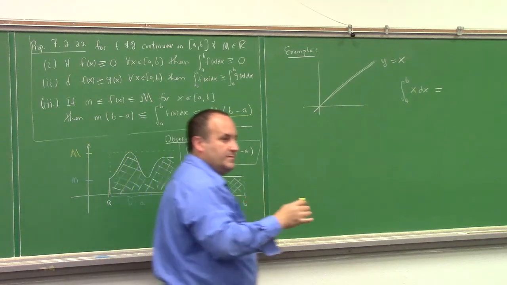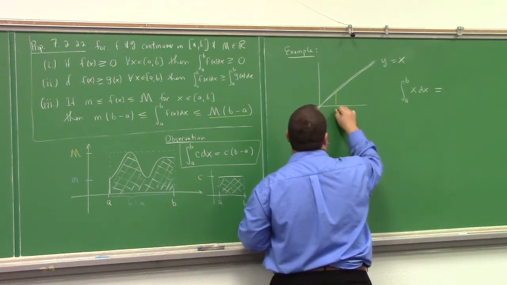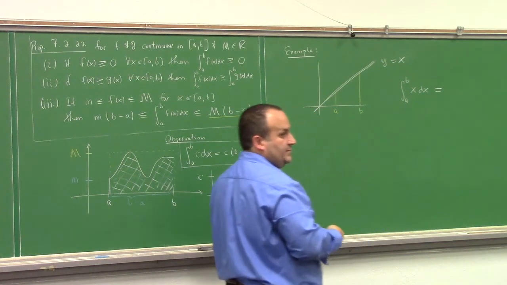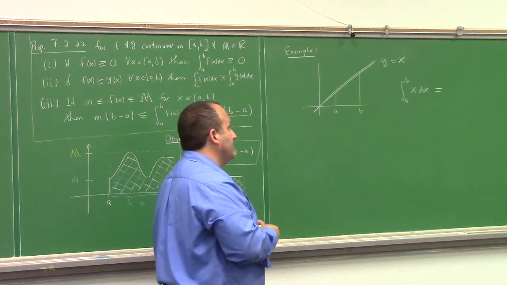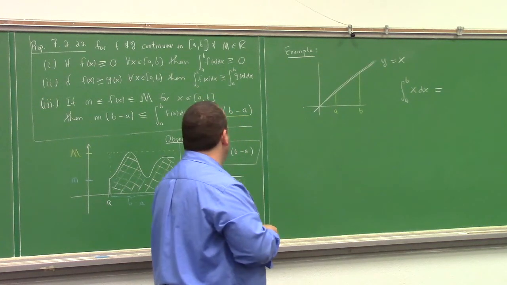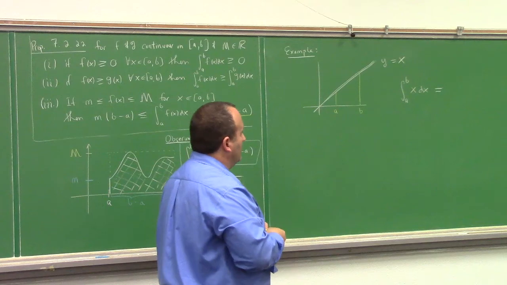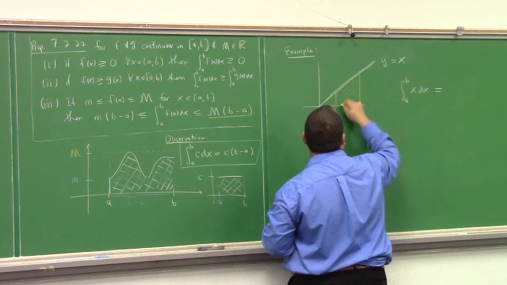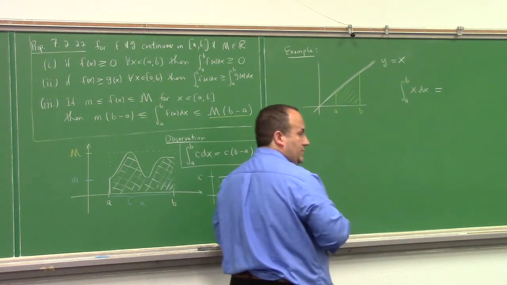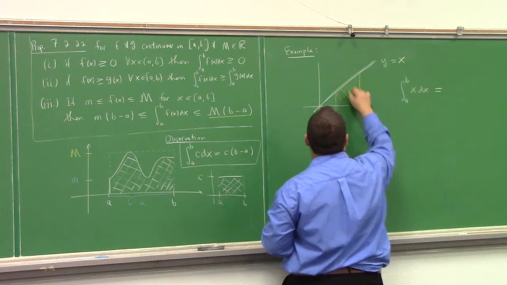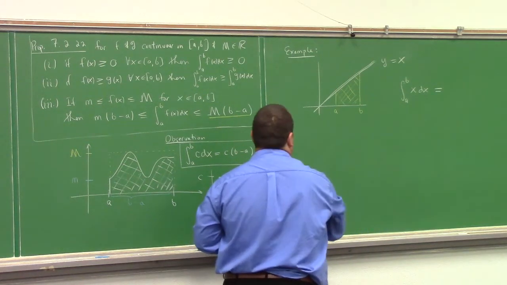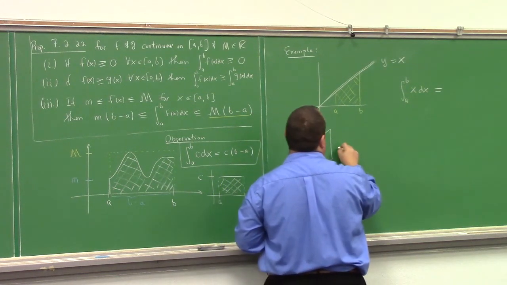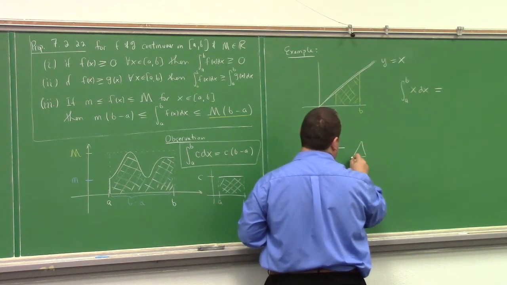So we're going to assume that a is like here, b is like here, just to keep it simple. The question is, what's the area of this region right here? What is that? Is that a trapezoid? So you could look at this as the big triangle minus the little triangle.